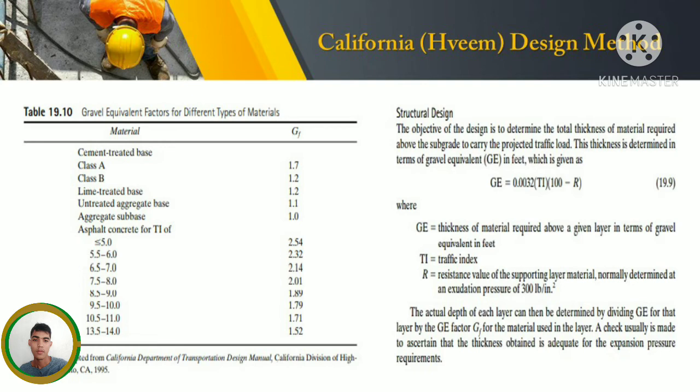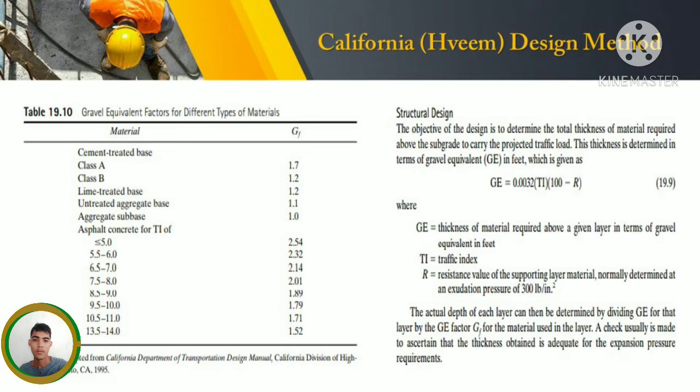So let's move on to the structural design for the Californian design method. The objective of the design is to determine the total thickness of material required above the subgrade to carry the projected traffic load. This thickness is determined in terms of gravel equivalent GE in feet, which is given as GE equals 0.0032 TI times (100 minus R).